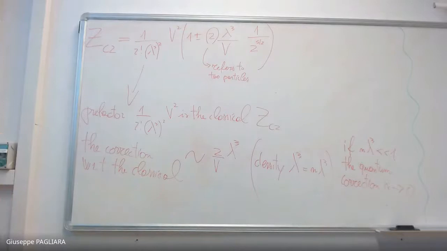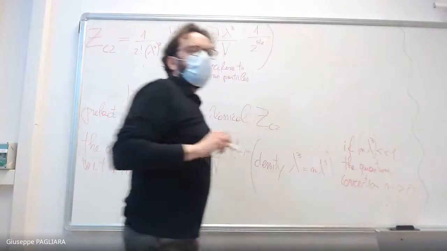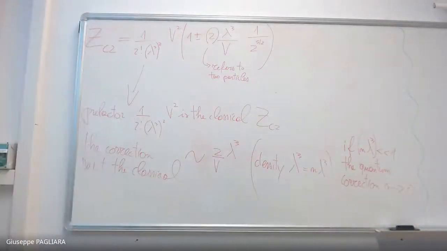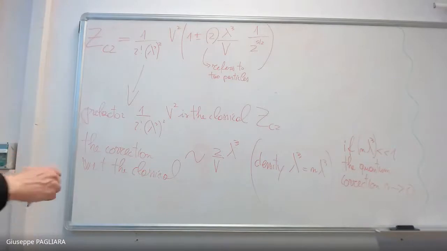And at the beginning of this lecture, we said that this is the important quantity that one has to consider in order to see if we are in the classical regime or in the quantum regime. Okay, I think there's not much more to do here. And of course, we are happy that we have found the 1/2 factorial.